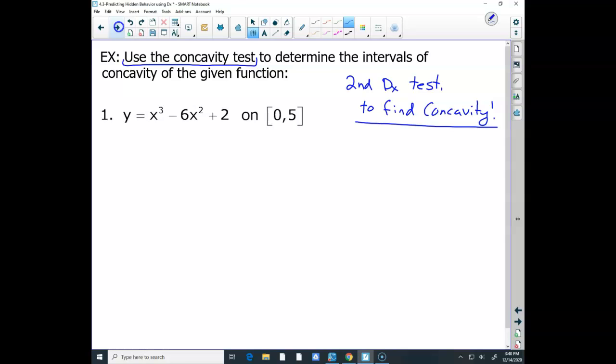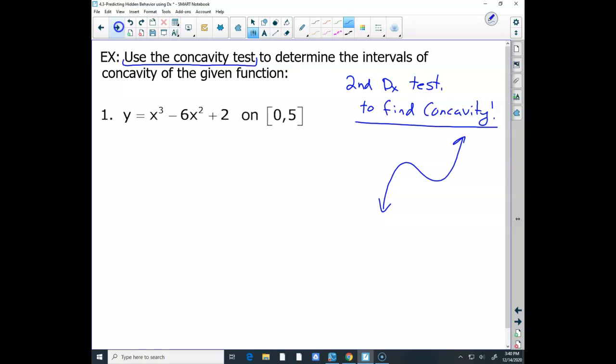We know this is a cubic looking function, and most likely this thing could look a little something like this, where it's possible it could have a change in concavity, correct? And we're only going to be looking on the interval from 0 to 5. Okay, big deal.